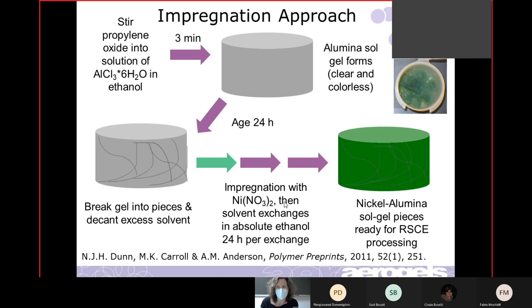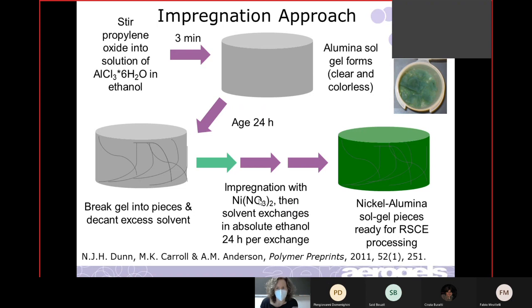We're trying to make a nickel alumina aerogel. And so in the first solvent exchange, we put nickel nitrate salt, which was probably hydrated, but I'm shortening it here, so a nickel nitrate salt in absolute ethanol, and we use that as the first solvent exchange.